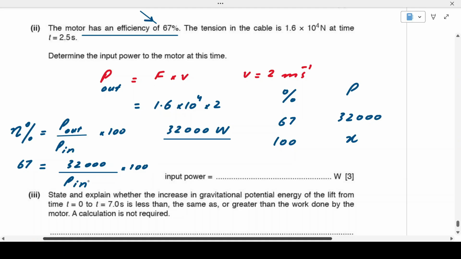So input would be 32,000 multiplied by 100 divided by 67. That is 47,761 or 48,000.